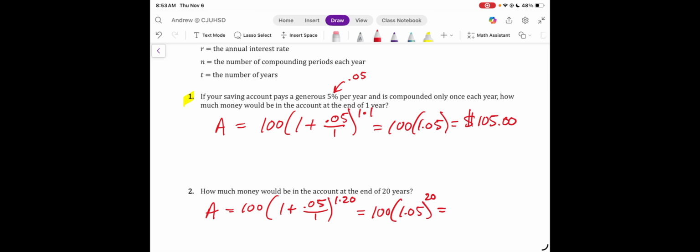And we're going to round this on paper, but in our calculator, we would just leave it with all of its decimals. $265.33. Wow, the money has more than doubled after 20 years with just a very modest 5% interest rate. Next page.